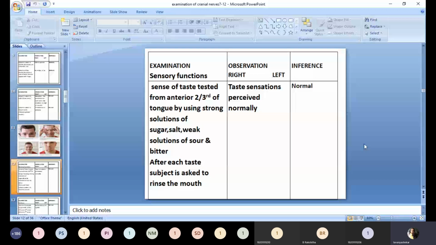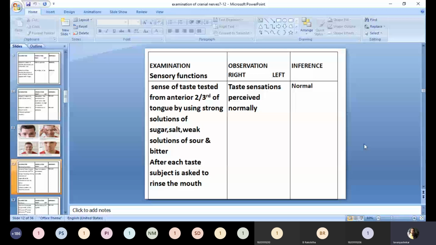If the subject is able to perceive the taste sensations normally, then it is called normal. If the individual fails to perceive the taste sensation, then there is damage to the sensory fibers of the facial nerve.